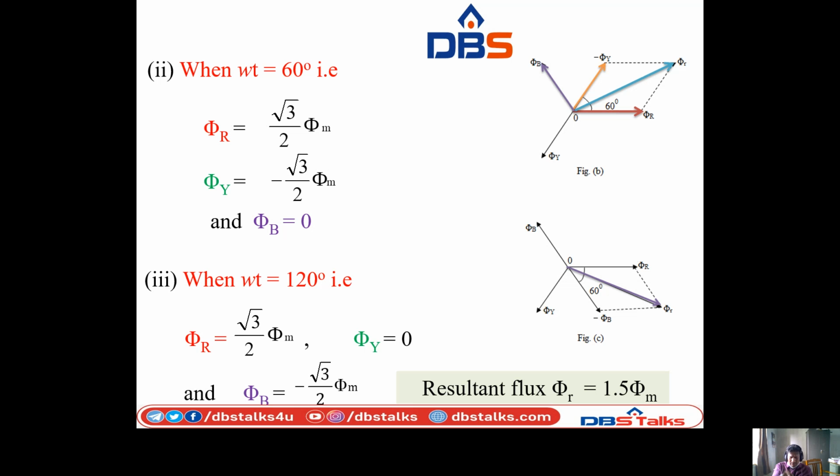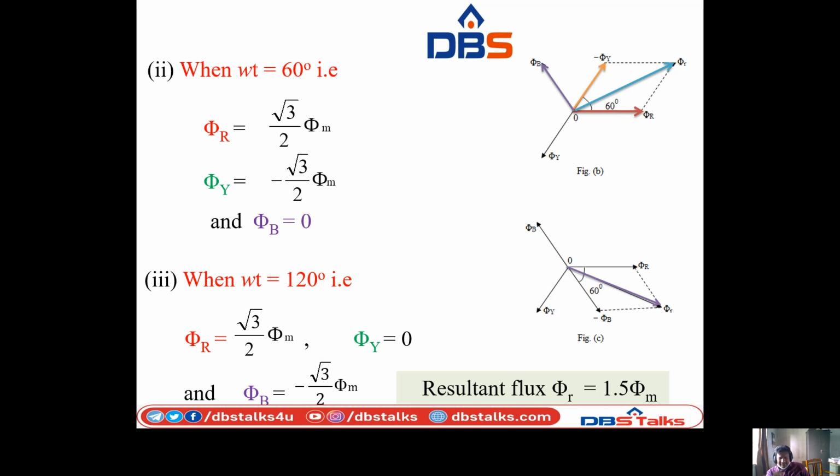Phi R followed by 120 degrees after phi Y. After 120 degrees from phi Y is phi B. Now here phi Y is 0, neglect phi Y, and phi R is positive, put the same. Phi B is negative, so minus phi B is nothing but the exact opposite vector of phi B. Now the vector sum of these two, that is phi R minus phi B, is nothing but phi resultant, that is also 3 by 2 phi m, equal to 1.5 phi m.